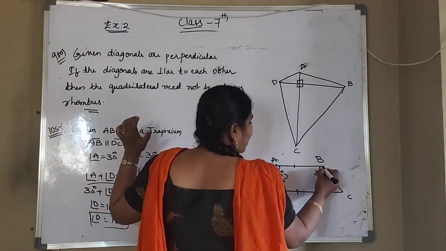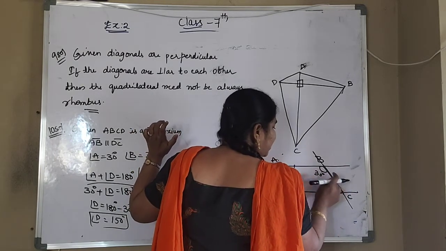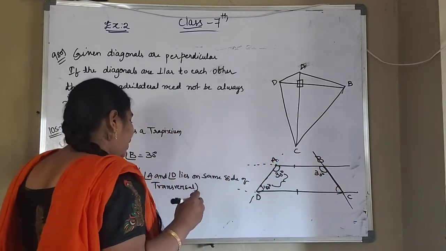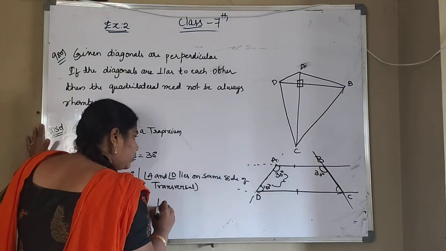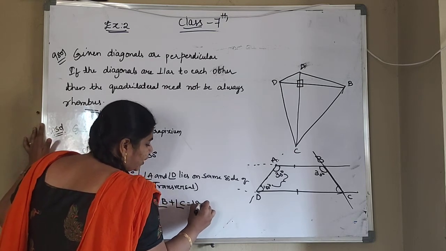Now in the same way we have to find the angle C value also. These two are parallel to each other, this is a transversal, and these two angles lie on the same side of the transversal, so that will be equal to 180 degrees. So angle B plus angle C is equal to 180 degrees.